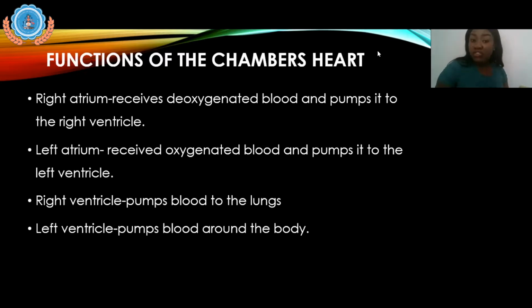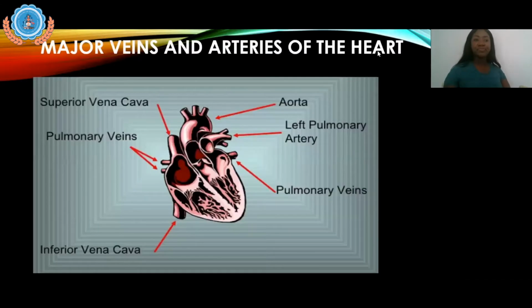The right ventricle is the one that pumps the blood to the lungs after receiving that blood from the right atrium, and the left ventricle pumps the blood around the body after receiving that oxygenated blood from the lungs via the left atrium.